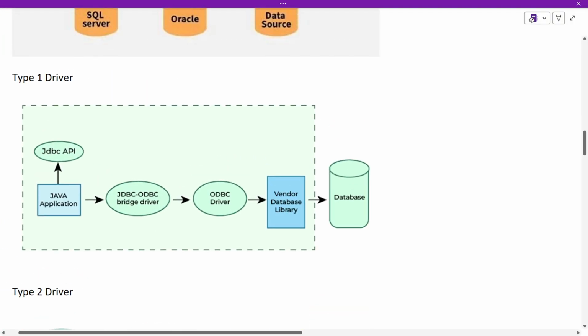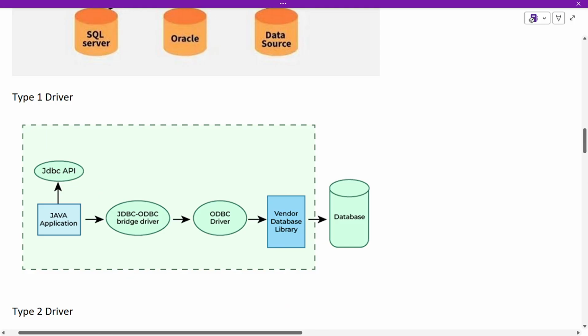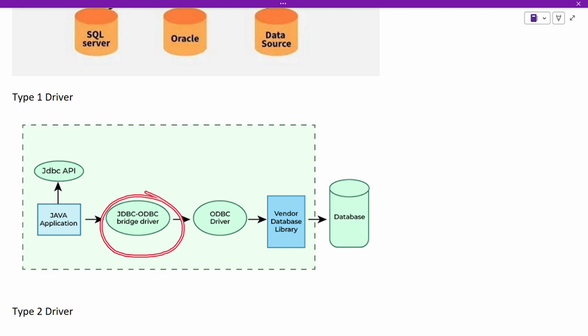This is the most fundamental one, which was used in the early versions of Java. So this is our Java application, and this is the JDBC API. Using the JDBC API, we write some code into our Java application, and then we have this driver called the JDBC-ODBC bridge driver.